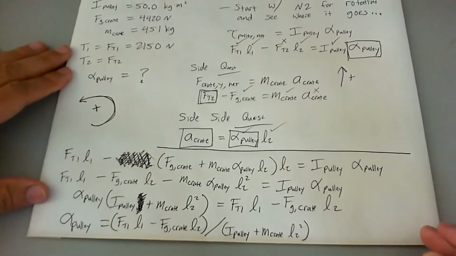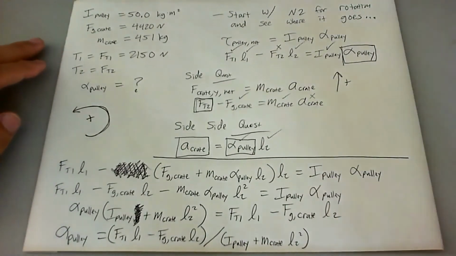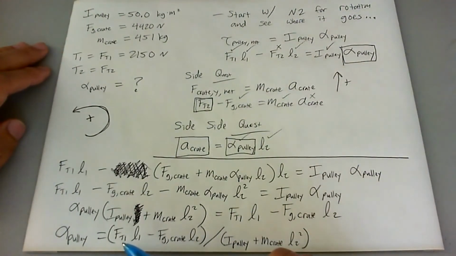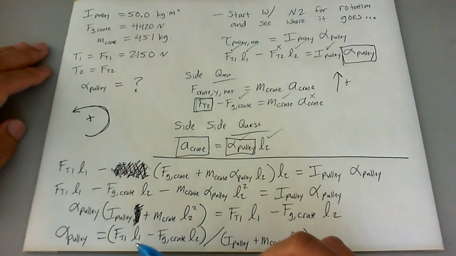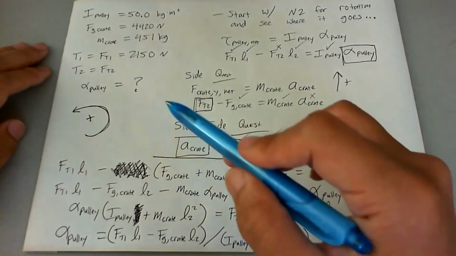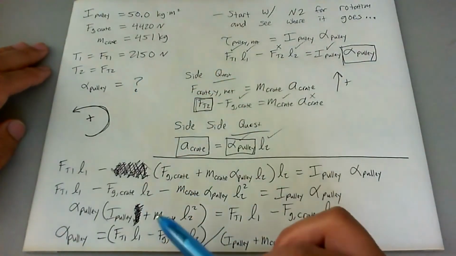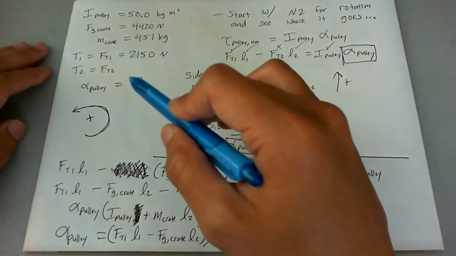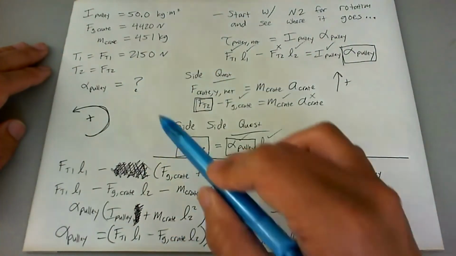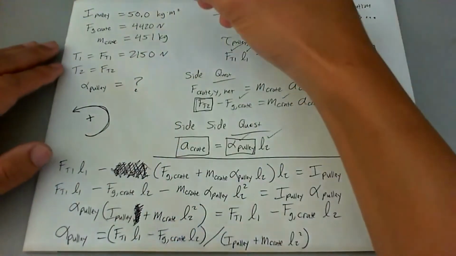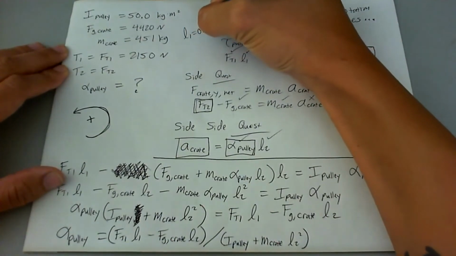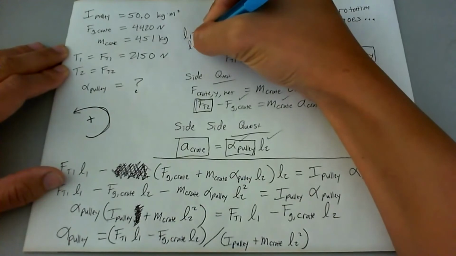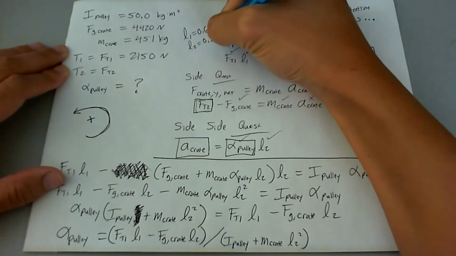And let's make sure we have all of the knowns here. FT1 is given there. L1 is given in the problem, and I didn't write that down, so I should have done that. FG crate is right there. In fact, let me write down the L1 and L2 now. L1 is 0.6 meters. L2 is 0.2 meters.